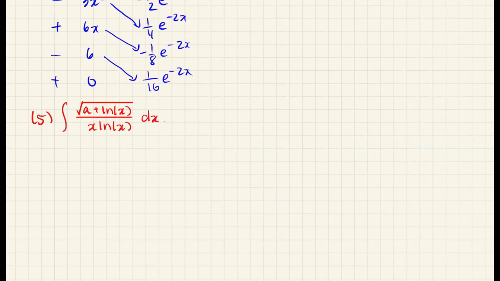Now this one looks a little bit tricky, but the first thing that you should try, remember, is to substitute. So we're going to say let u be equal to ln of x. Well, du, we know it's just going to be 1/x times dx.